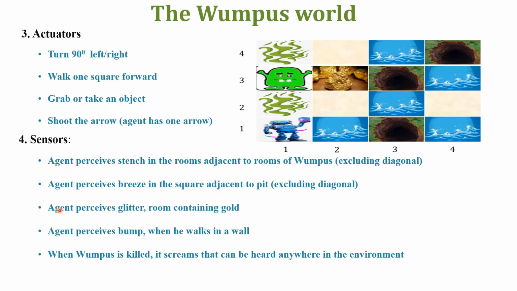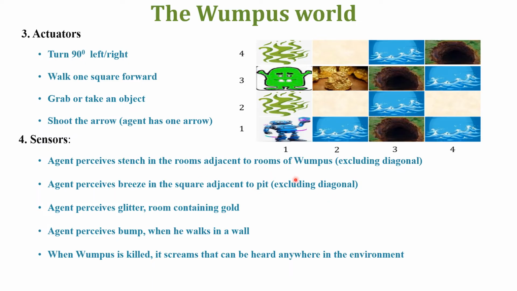Then sensors. If there is a Wumpus in the adjacent room, the agent will perceive a stench. If there is a pit, the agent will perceive a breeze in the square adjacent to it.